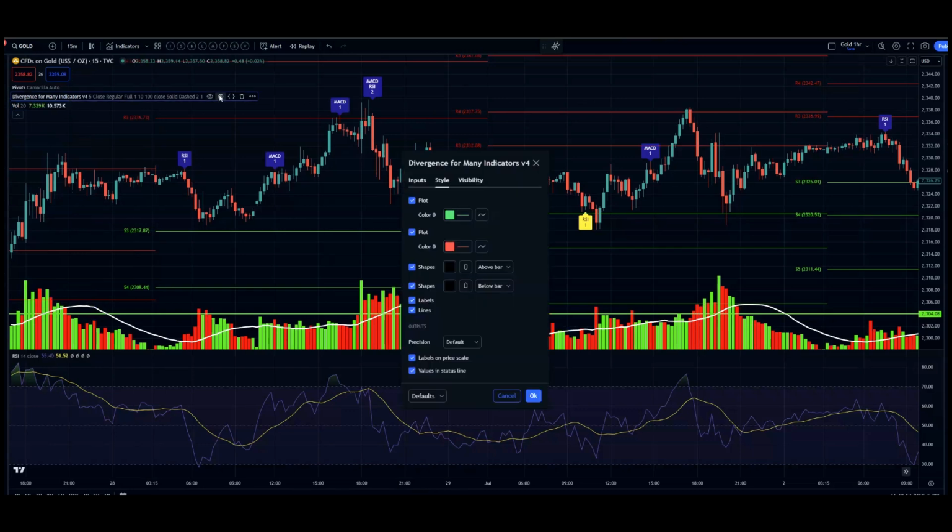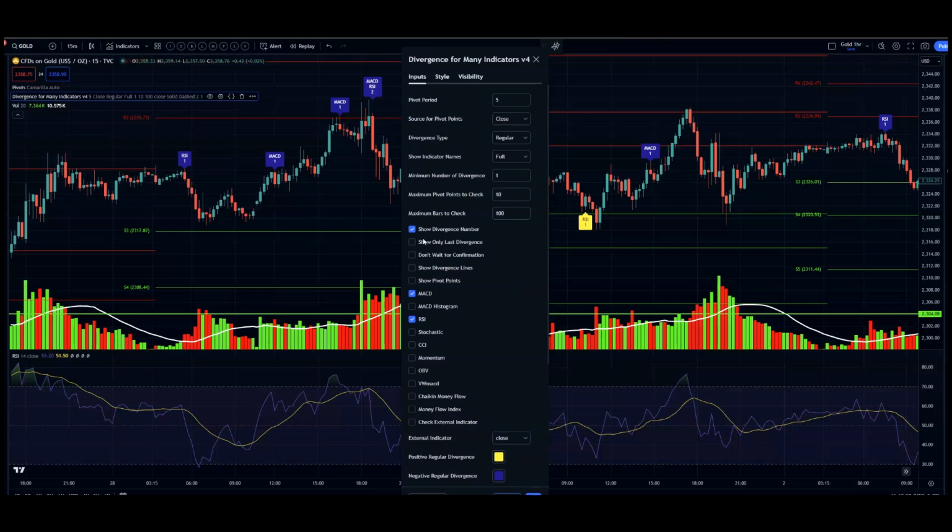And on the divergences part, I'm not completely disregarding it. I'm just keeping the divergence of, let's say, MACD and RSI, which are the key two indicators people follow. Everything else I'm removing. Keeping the chart clean is more important. Show divergence line, turn off. Like any other thing that is turned on, turn it off.